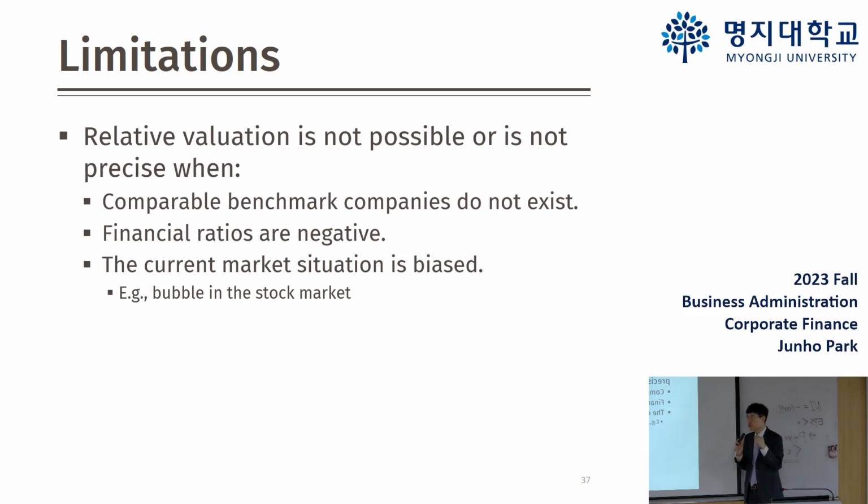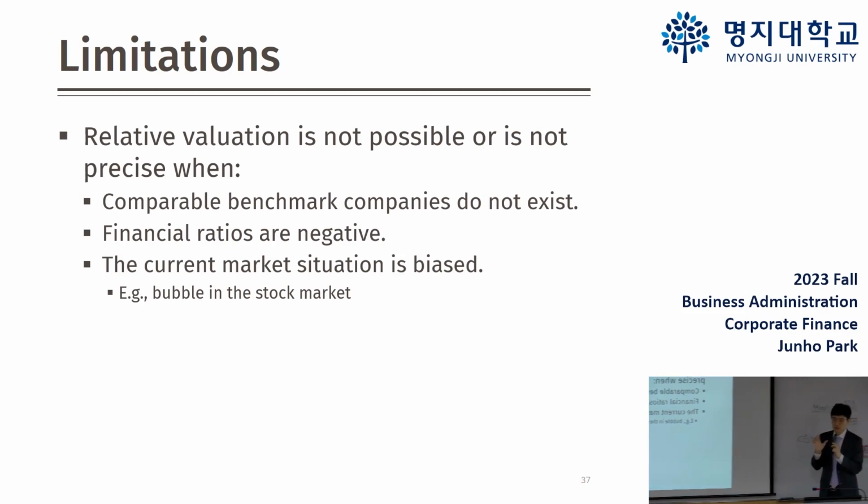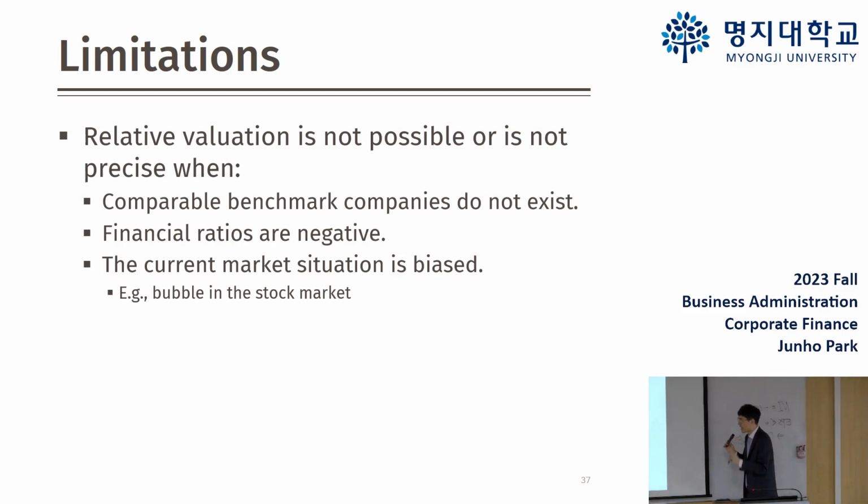They enjoyed this situation, and there were a lot of IPOs during the pandemic. This is evidence that relative valuation could go wrong if the current market situation is not fairly measured, or when it is biased.